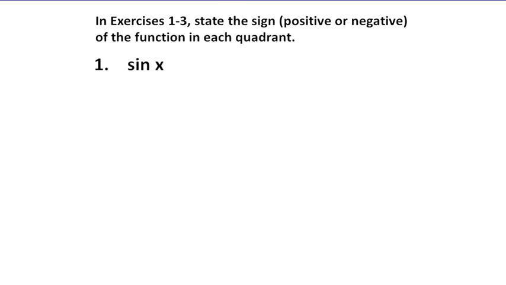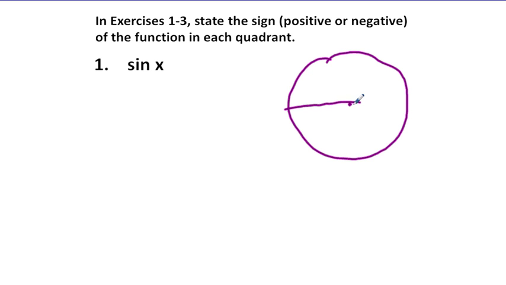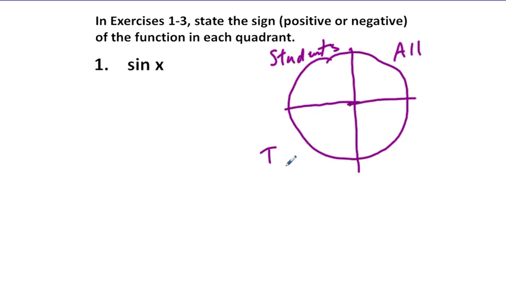Well, we have the sine of x. All right, so let's go ahead and make our circle here. And this would be like our unit circle. And I don't know if you remember, like, All Students Take Calculus.